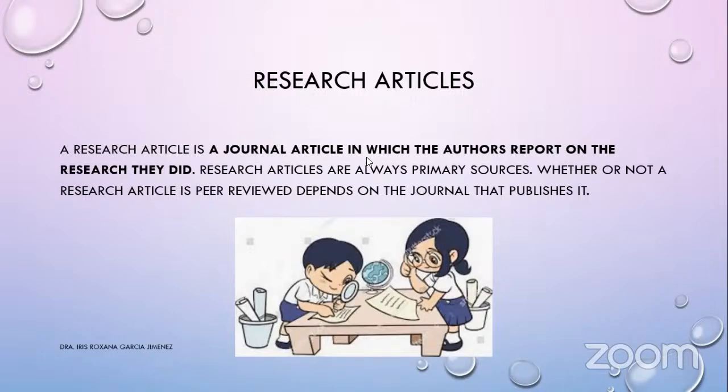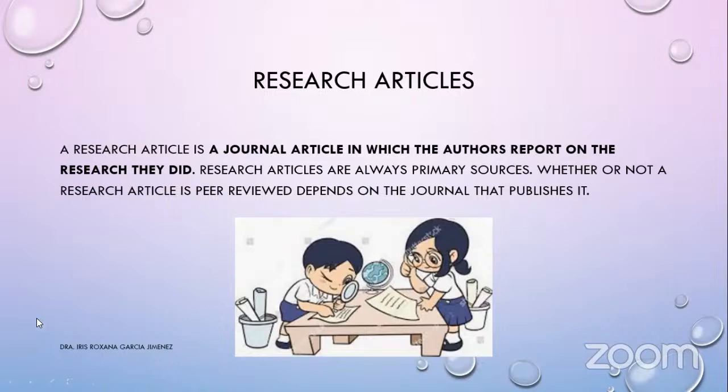Research articles are always primary sources. That's the first step for us while getting into studies in the upload process. Whether or not a research article is peer-reviewed depends on the journal where it is published. It depends on the journal.